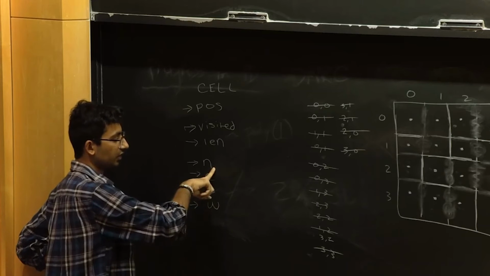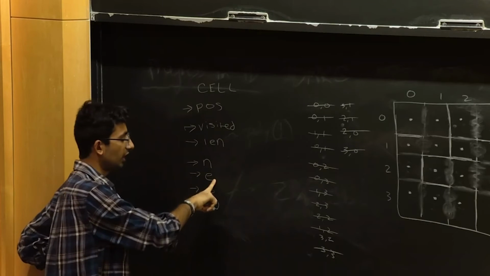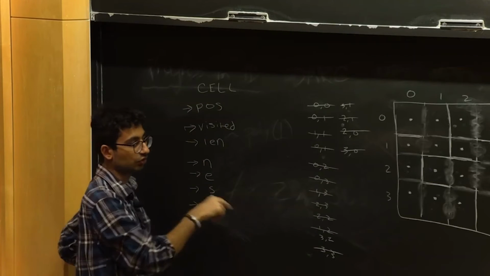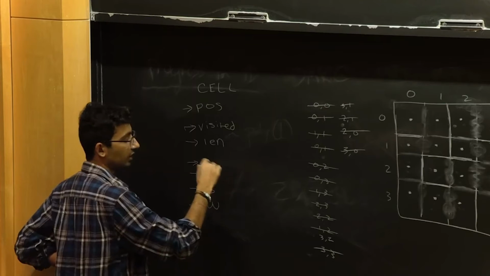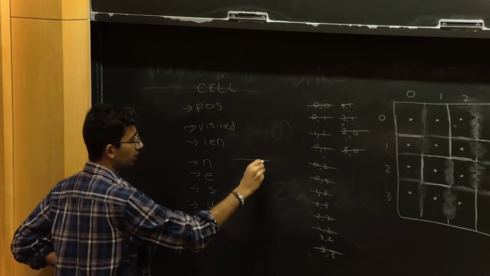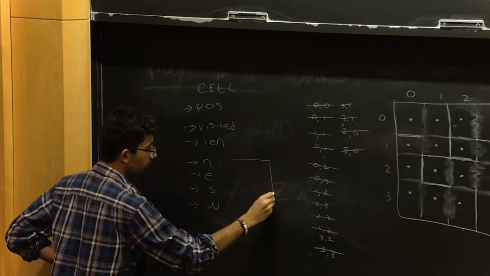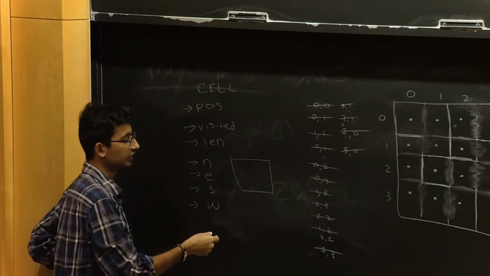And if the north wall exists, then we draw it. If the east wall exists, then we draw it. But maybe if the south wall doesn't exist, then we don't draw it, right? And so if we think about this in terms of how it might be displayed, if we're drawing the north wall, the east wall, the south wall, and the west wall, we have a full cell.